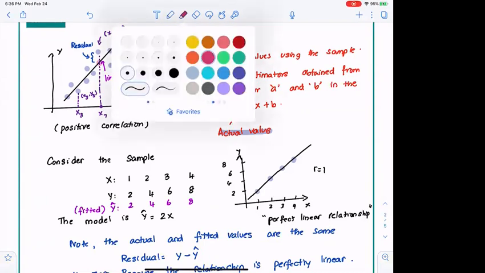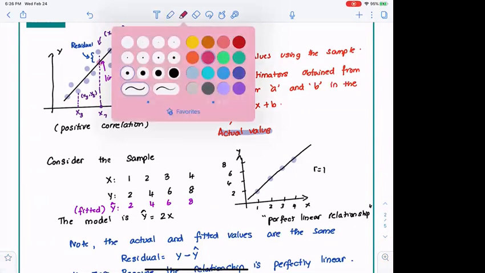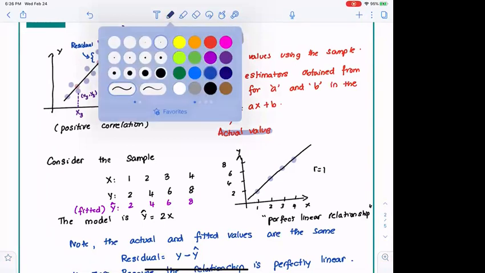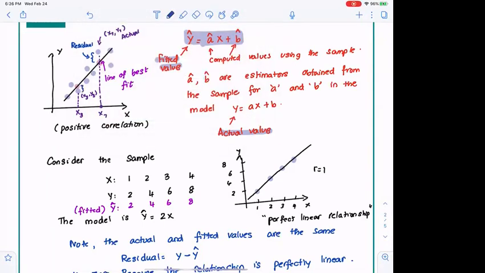But if I take the value of x3 and if I plug it in the model that I fit, the line of best fit, that point is going to be on the line. And it is not going to match exactly the value of y in the sample. So there is a tiny difference, and that tiny difference is also the residual.